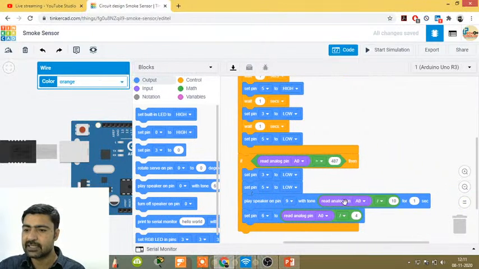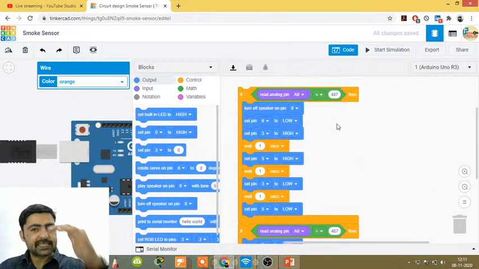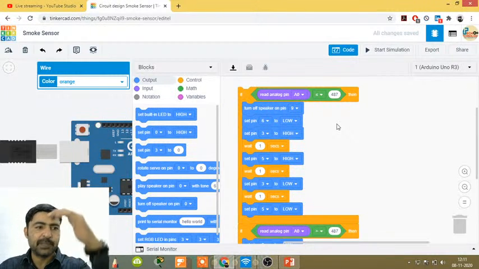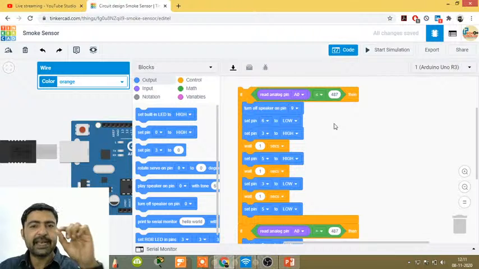So this is our simple program which is used to alarm and indicate with the help of the red LED. The program is quite simple. The only thing is, in the first case, if the intensity is below a particular level, the green and blue LED will glow one by one with an interval of 1 second.